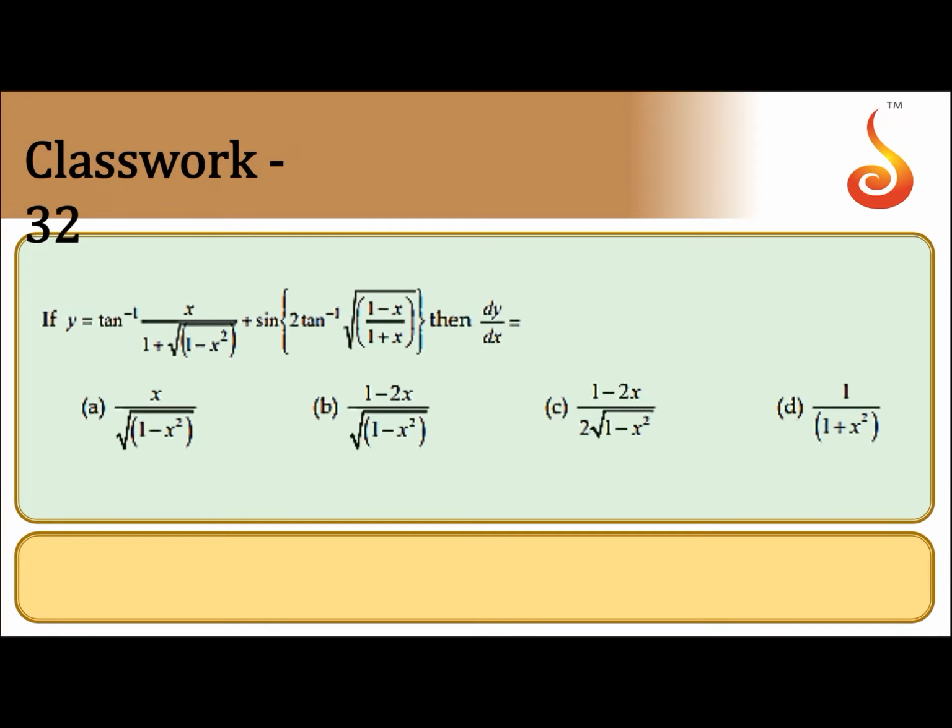Coming to the next one. This is, of course, half tan inverse of half cos inverse x. The 2 gets cancelled, cos inverse we can simplify. When you substitute x equals sine theta, tan inverse of x divided by 1 plus root of 1 minus x square becomes tan inverse of sine theta divided by 1 plus cos theta, and therefore 2 sine theta by 2 cos theta by 2 divided by 2 cos square theta by 2.